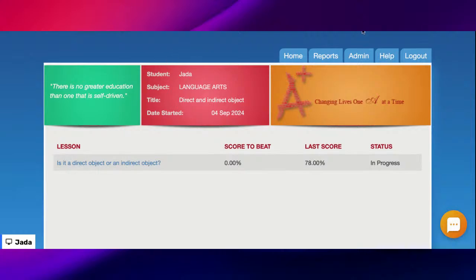Do you have a question for this lesson? Do you have any question, guys? You can ask me. So let's see. Do you have a question? No question. Okay.